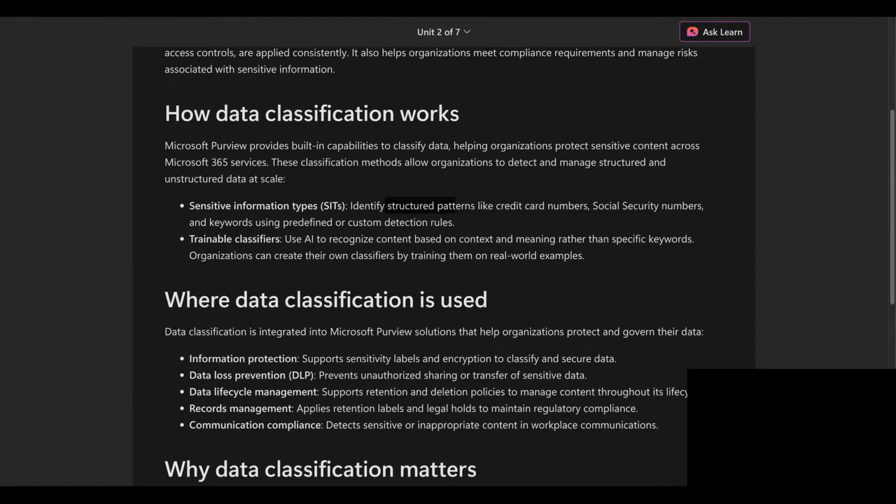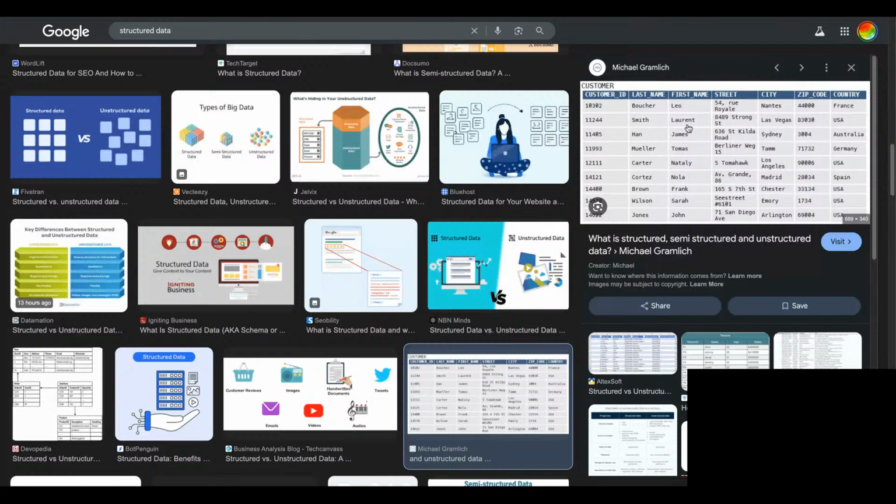Okay, I'm going to share this screen. So this will be structured data, because everything is in order, everything is in a row or a column. That's what structured data is. Unstructured data will look something like source code.